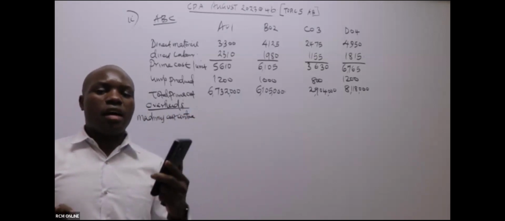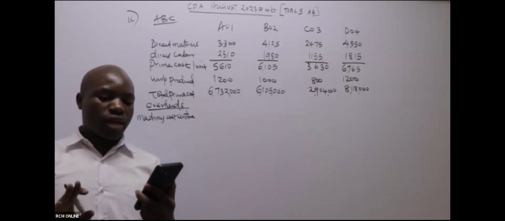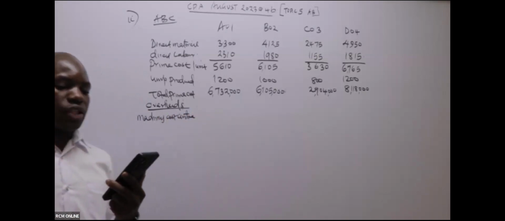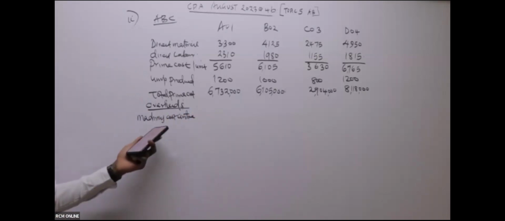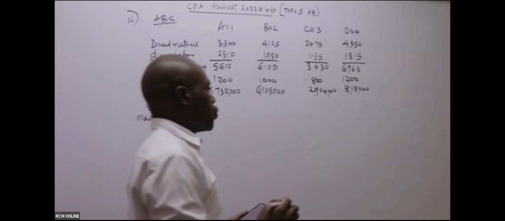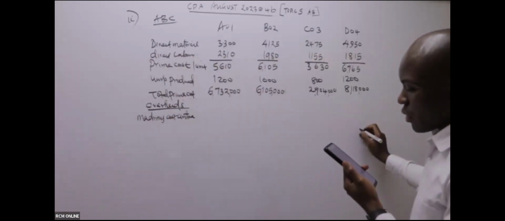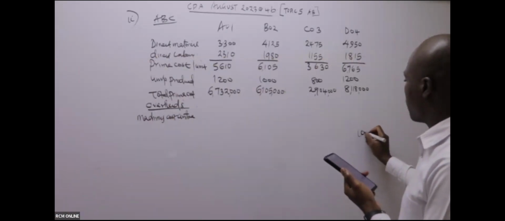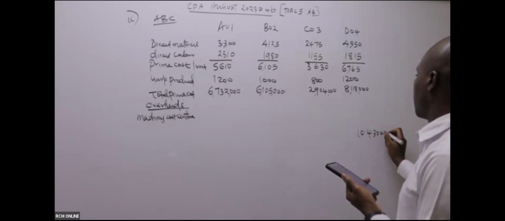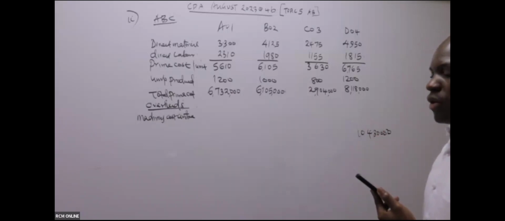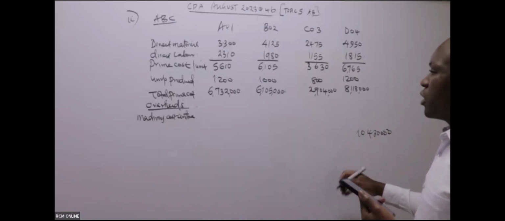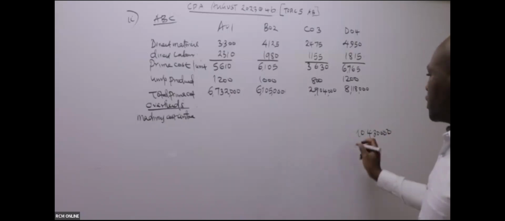That will not be a viable option, right? So that's why we are looking at the suitable cost driver. So the machinery cost center has got total overheads of how much? We have 10,430. That's what we have. So this will be distributed based on machine hours. So this is the budgeted overhead.